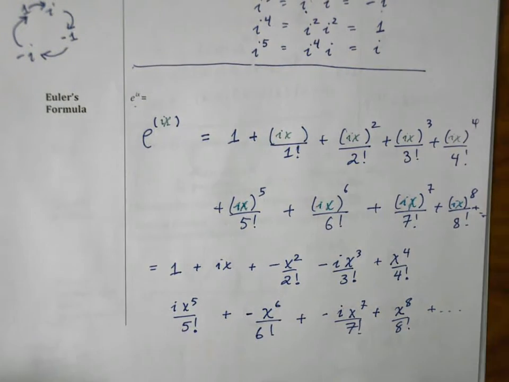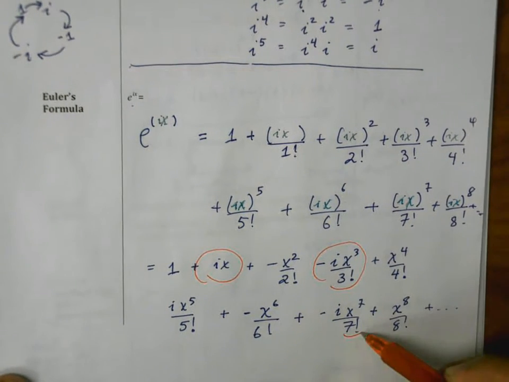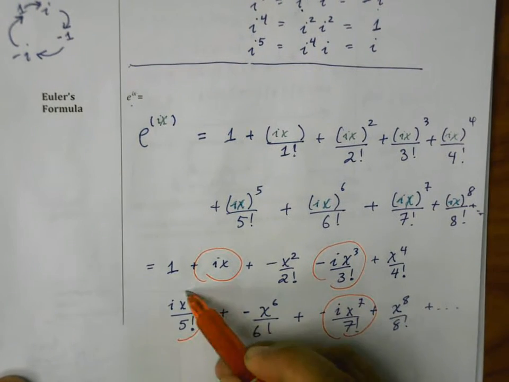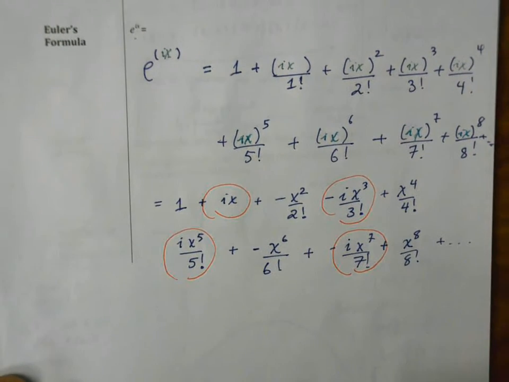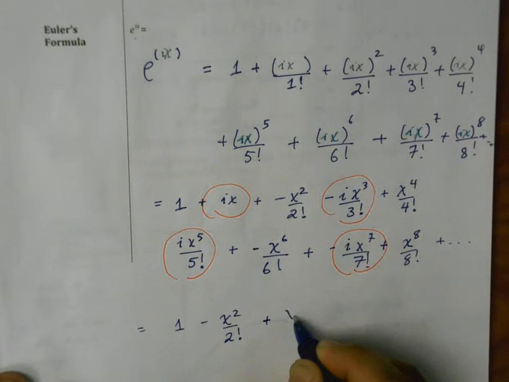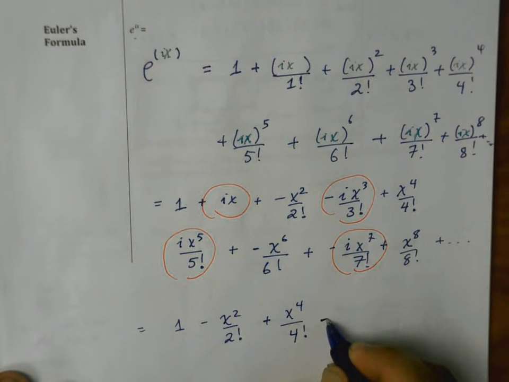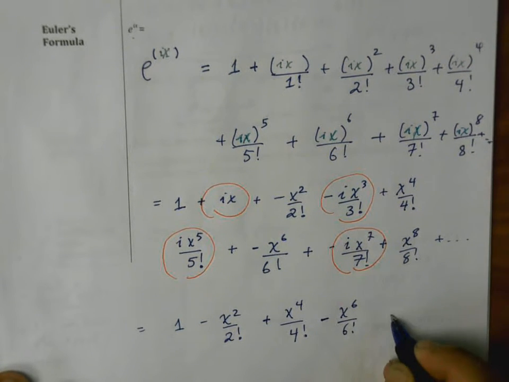Okay, so now what I'm going to do is isolate the imaginary parts from the real parts. If we consider the real parts, we have 1 minus x squared over 2 factorial plus x to the 4th over 4 factorial minus x to the 6th over 6 factorial, and a bunch of other terms.